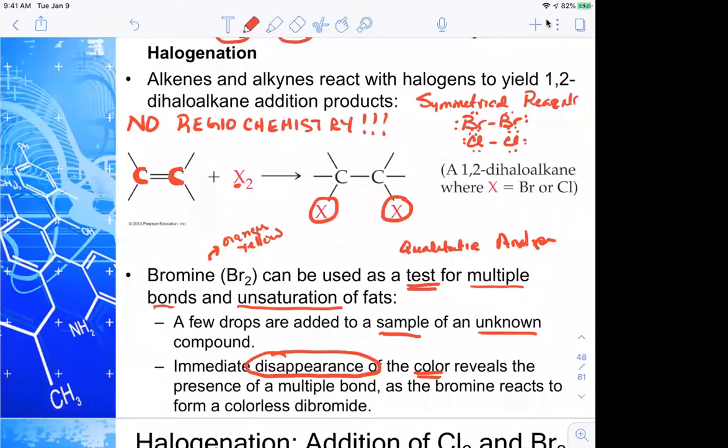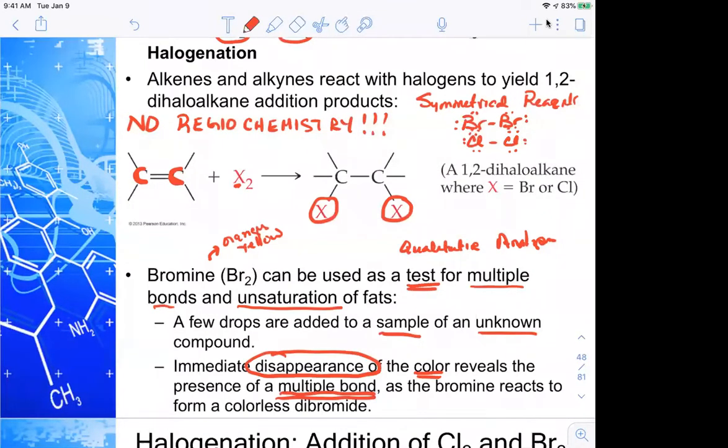If there's a double bond or a multiple bond, this could happen with triple bonds as well. The fact that this bromine is reacting with something indicates the presence of a multiple bond. Because now the bromine is adding across the double bond and forming a colorless dibromide compound.